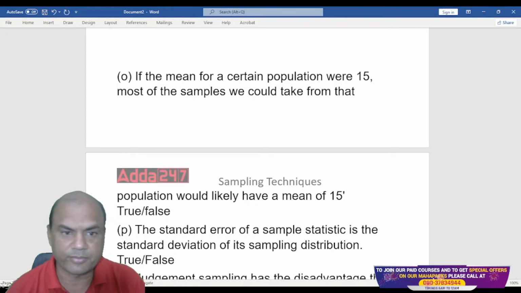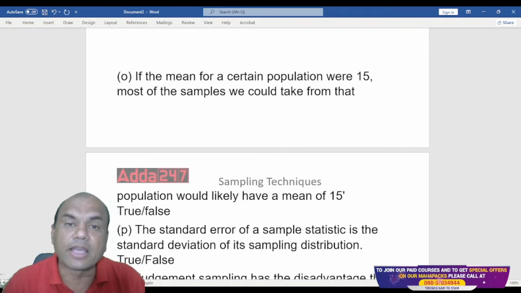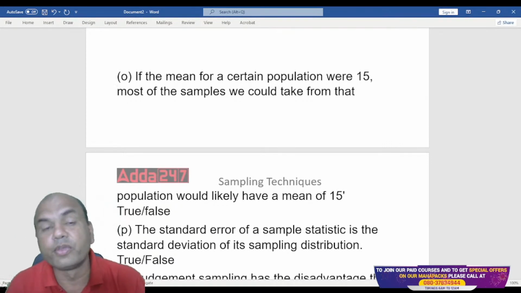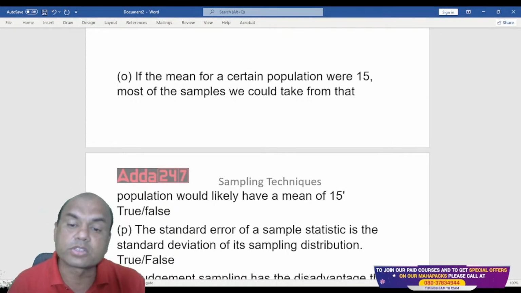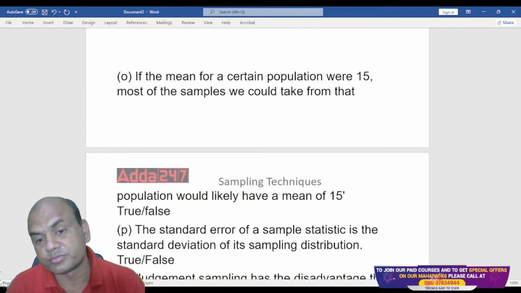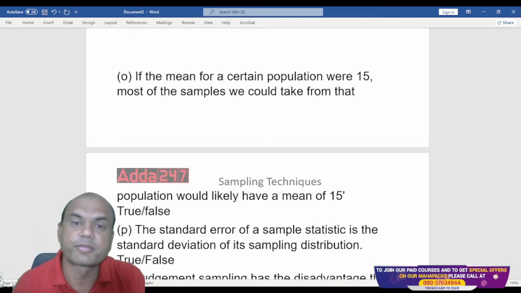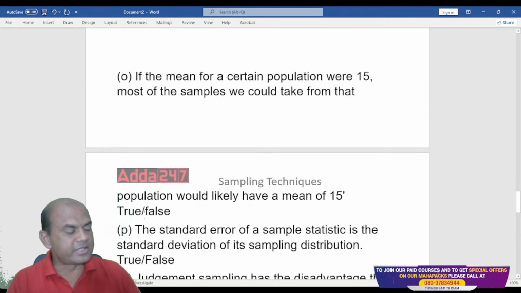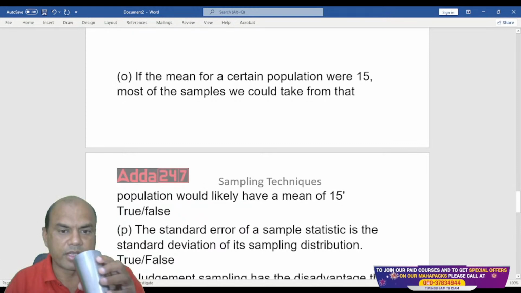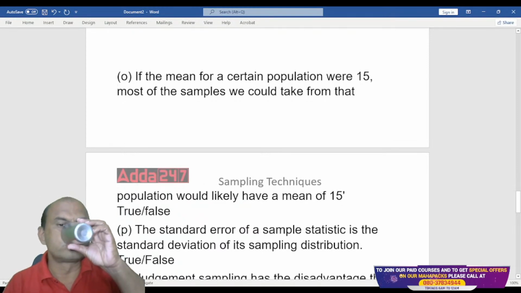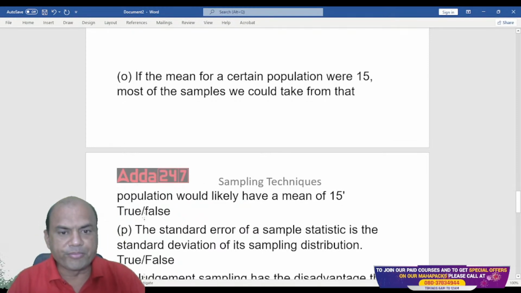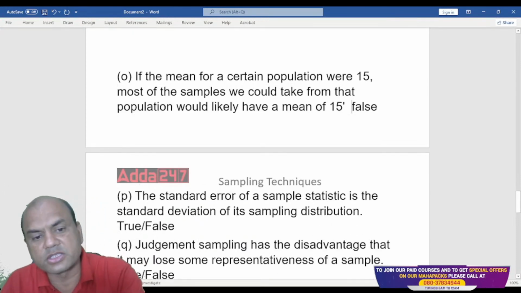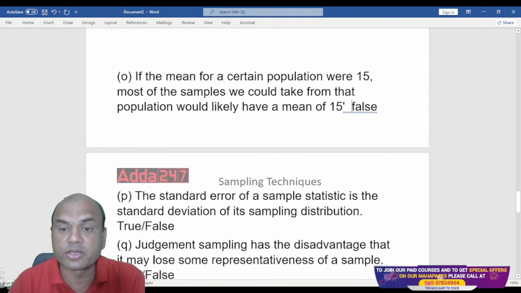The mean of the samples which I took from all the corners of the city, will it also be 15 or not? Let me see first from your side. Are you saying true? It is false. Again, the answer is false over here.